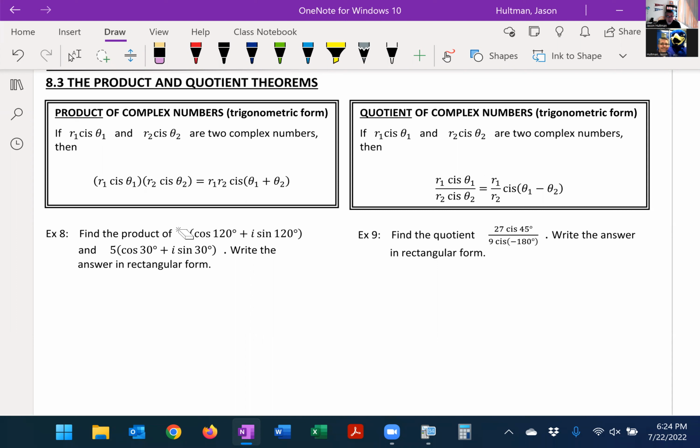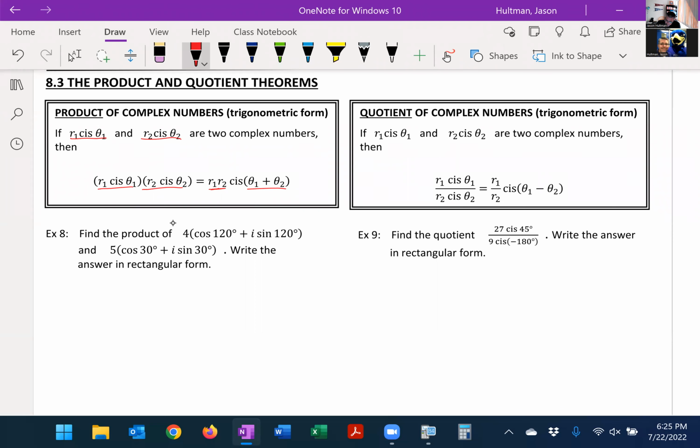8.3, the product and quotient theorems. The product of complex numbers in trigonometric form: if r1 cis theta 1 and r2 cis theta 2 are complex numbers, then the product of those complex numbers, we multiply the r's together and we add the thetas. That's for the product.